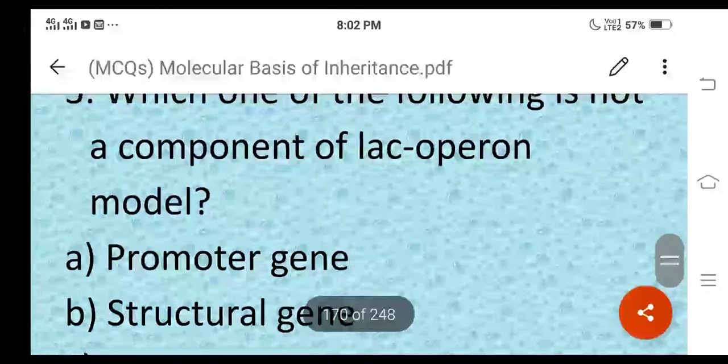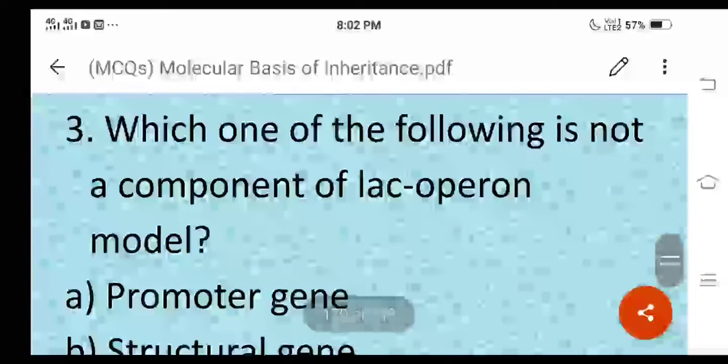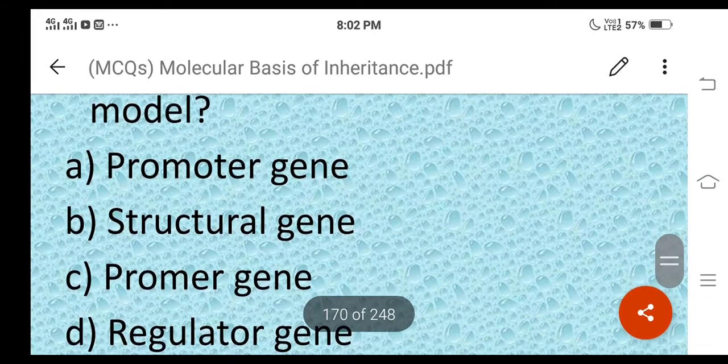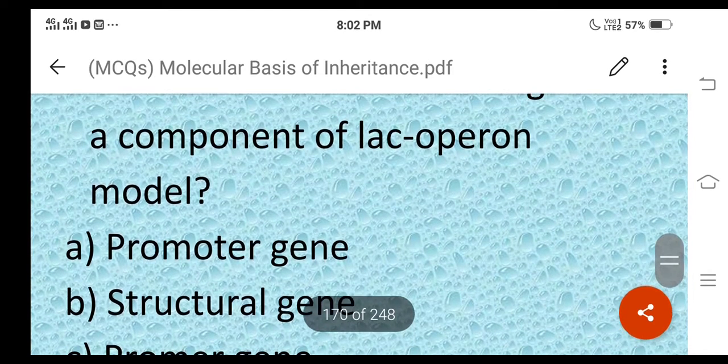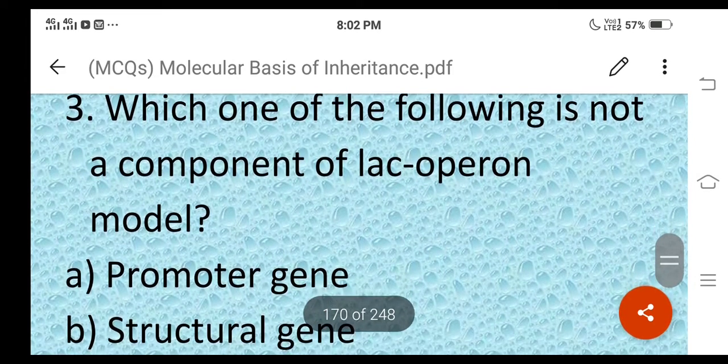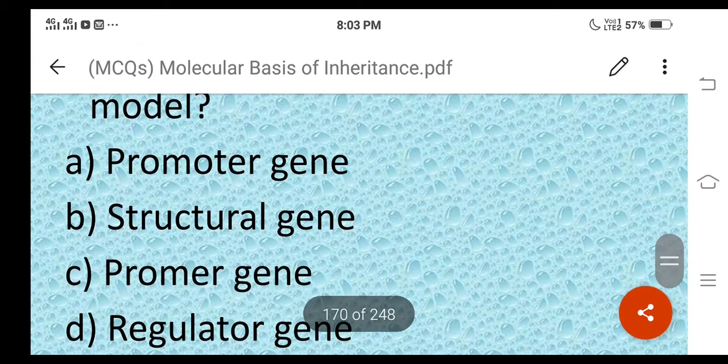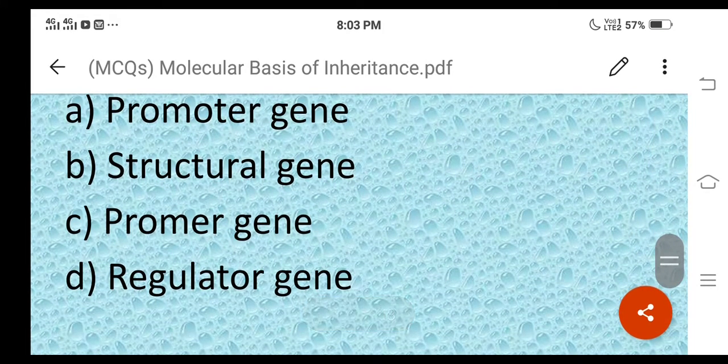Promoter gene is there, structural gene is there, regulator gene is there, but not the promer gene. To confuse, they have given this option. Option C is the correct answer, right?